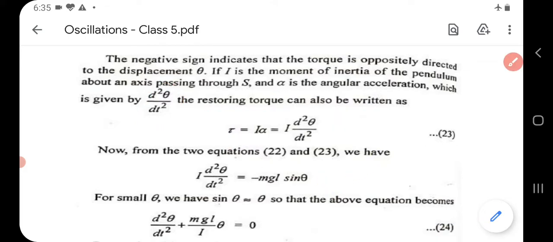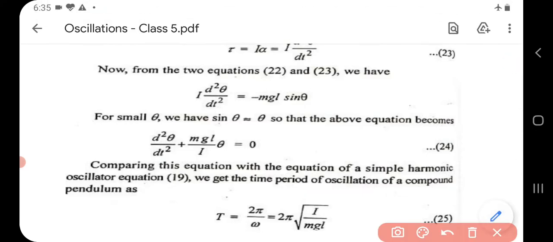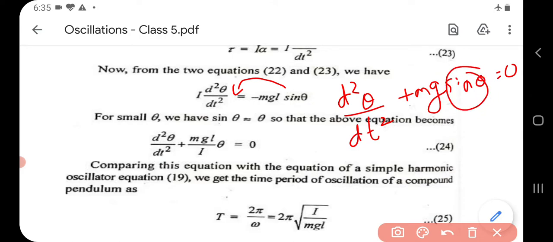Now dividing throughout by I, you will get an expression like d square theta by dt square plus mg sine theta by I equal to 0. For small values of theta, we will assume sine theta to be theta.